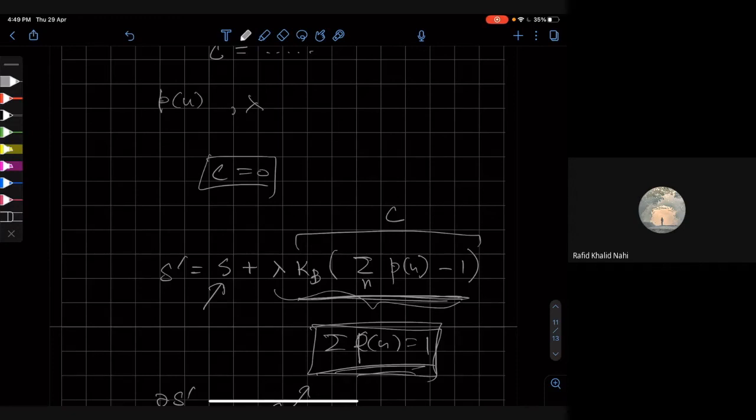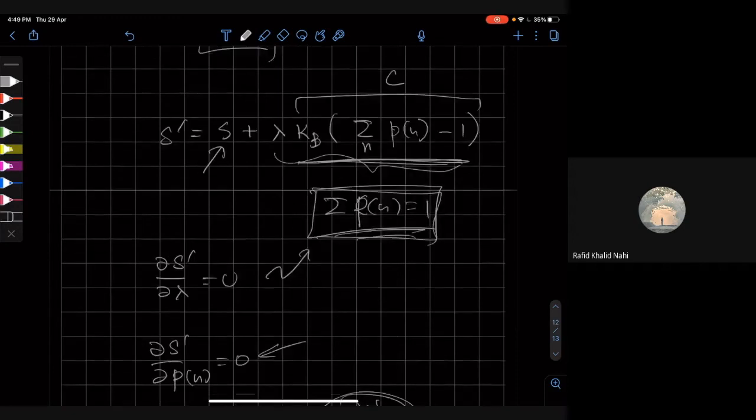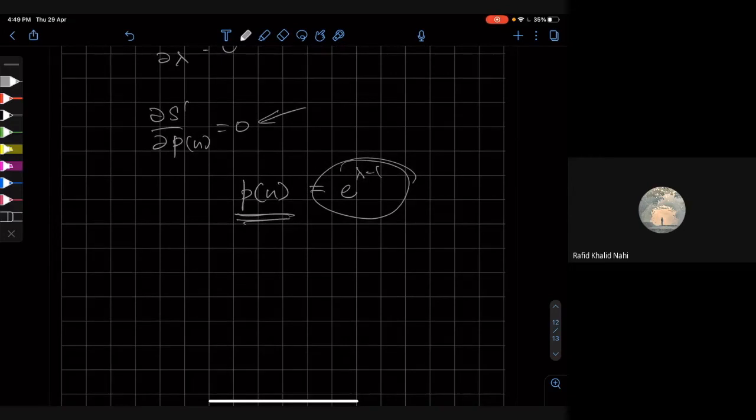Problem number 2 is that let's replace this constraint by a different constraint, a constant E, the average of E, which is given by the sum over P_n E_n. And the idea is that by doing the same thing, you can derive the canonical ensemble, okay?